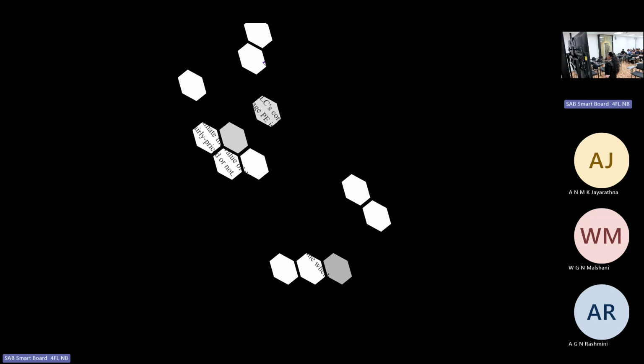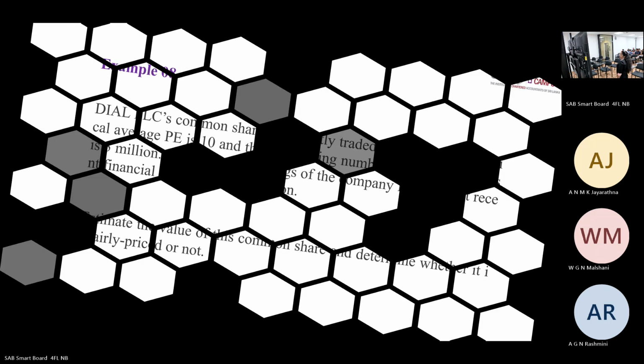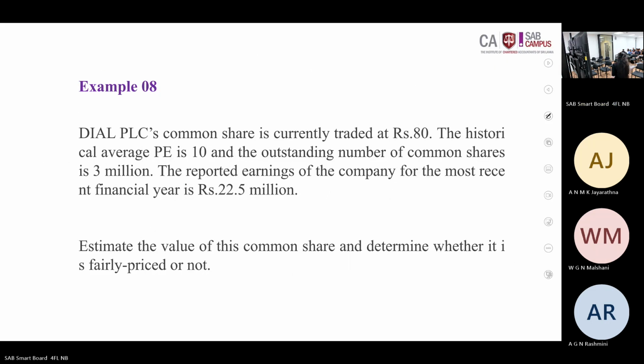We'll then go to question number 8. Read it first. The company's common shares are trading at 80 rupees. If you go to the market, you have to obtain it at 80 rupees.